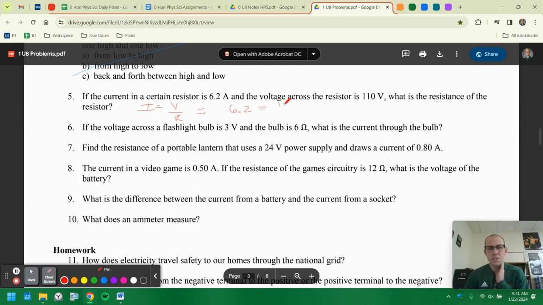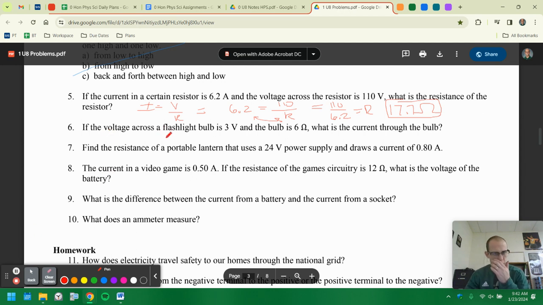The V was 110. The R is unknown. So I'm going to flip both of these around. So it's 110 divided by 6.2, and that equals my resistance. That answer will be in ohms, and that answer is 17.7 ohms.